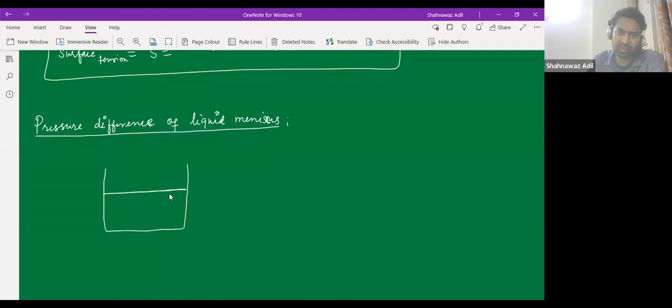So then can you guys tell me about the pressure? What is the pressure? This pressure and this pressure. Let's say this is P1 and P2. What can you tell about those pressures? We have seen this thing.